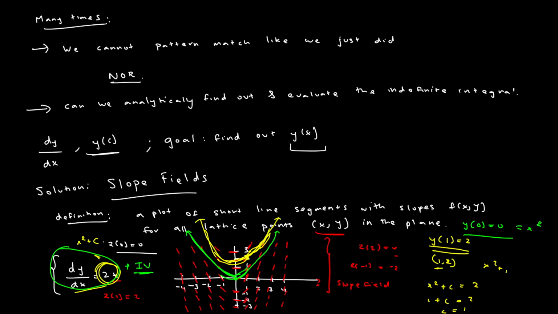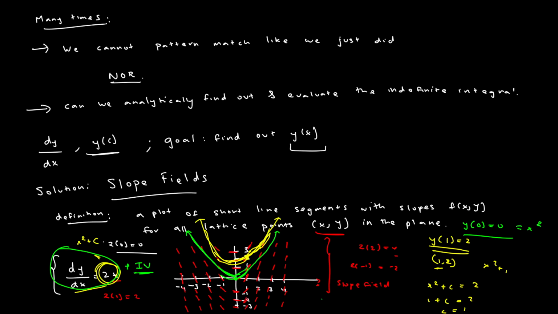Because we just saw over here that depending on our initial value, the original graph can be different. And just having the slope field by itself will not be enough information to give us the original graph back. And even when we do other analytical methods, just having the derivative is not enough. We need the initial value. And I hope looking at the slope field confirms and motivates why that is the case.